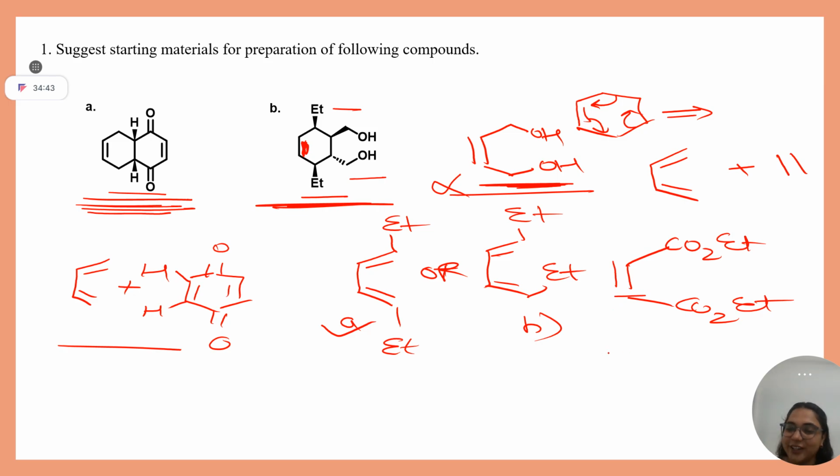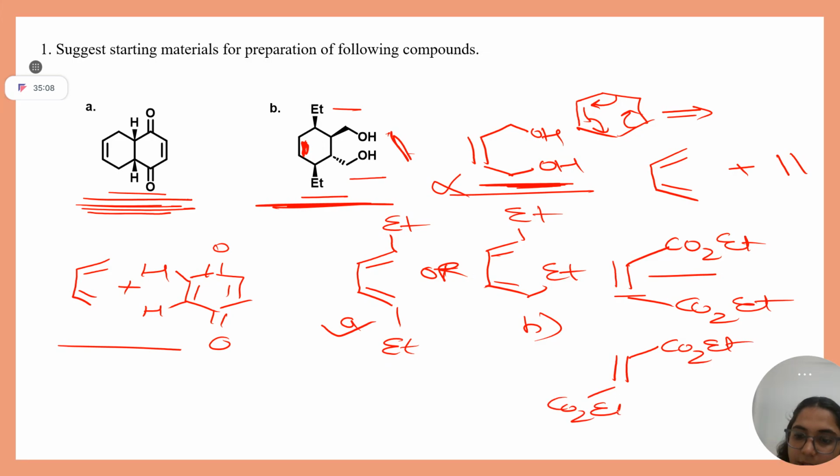Yes, ma'am. Okay, now another question. Will you take cis olefin or trans olefin? Trans. Exactly, because your reaction is stereospecific with respect to the dienophile. They are cis here, but they are trans here. So to overcome that problem, you have to take this.